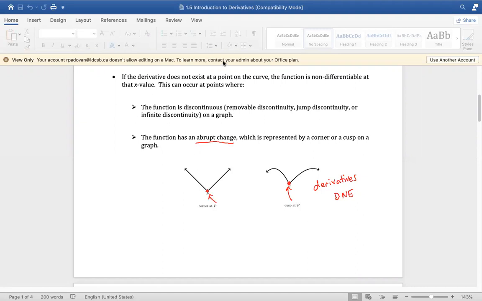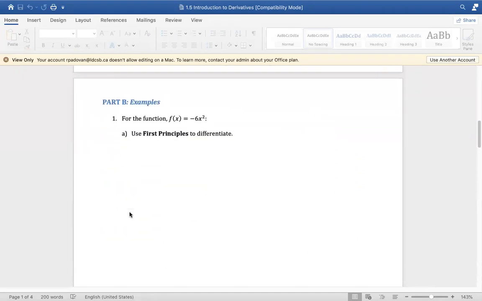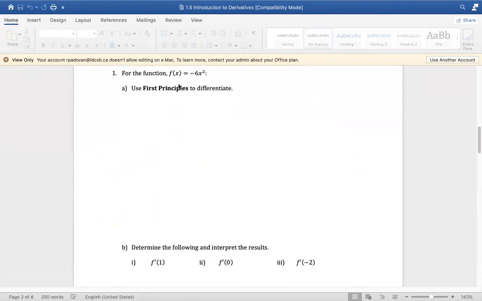Let's jump into an example. For the function f of x, also y, equals negative 6x squared, use first principles to differentiate. So what I'm going to be doing here is finding the slope of the tangent line.